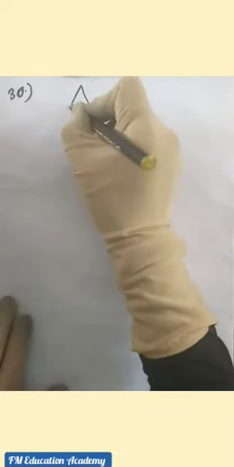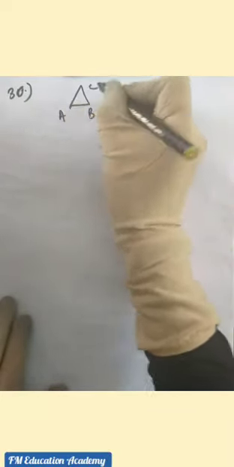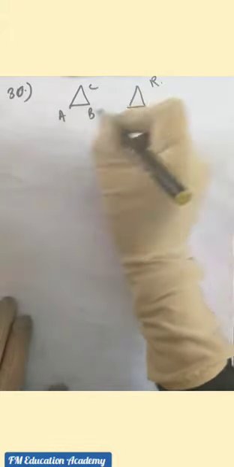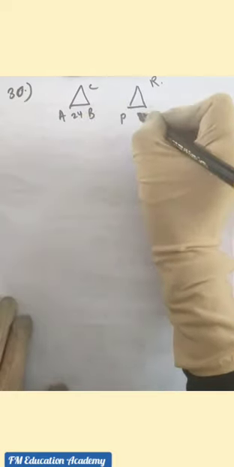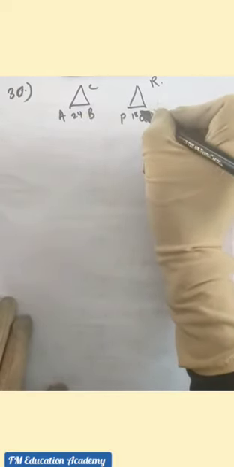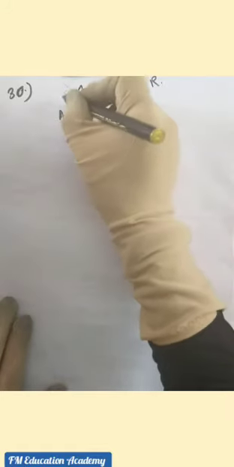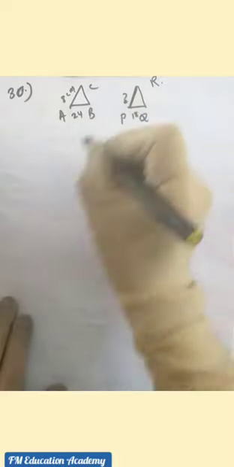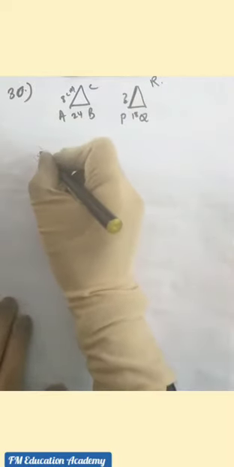Two triangles are given. ABC and PQR, let us suppose. And here it is telling that the bases are 24 centimeter and 18 centimeter, and they are also given one side of the first triangle, which is 8 centimeter. Then it is asking what is the other side of the second triangle. So here it is telling that the triangles are similar.